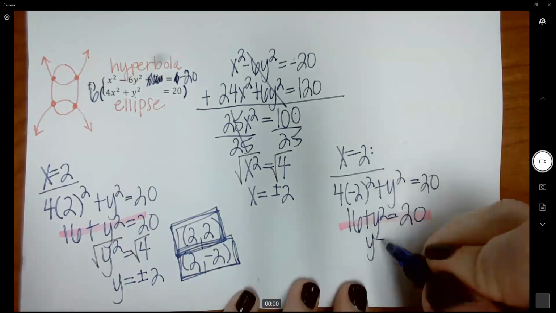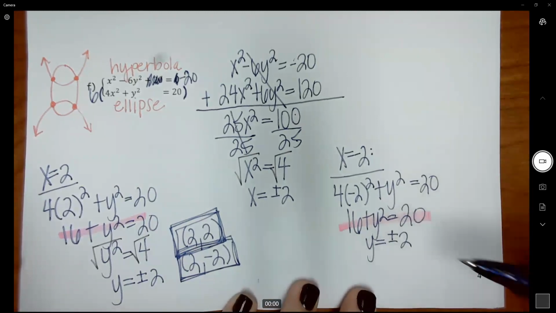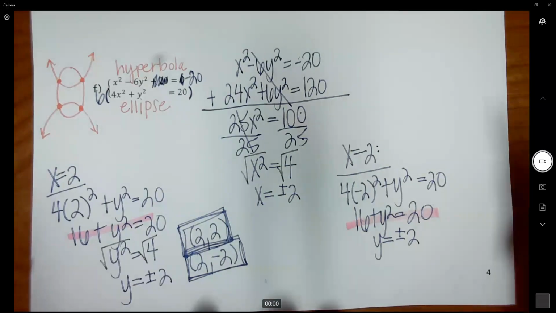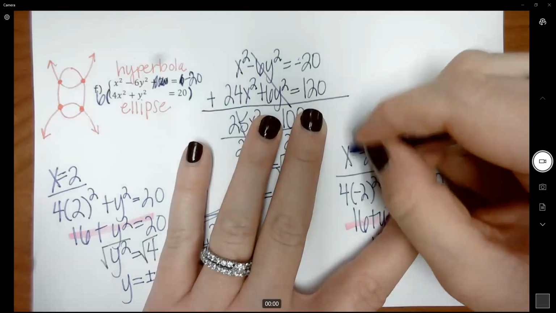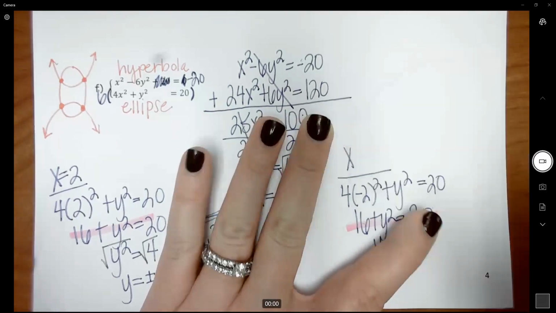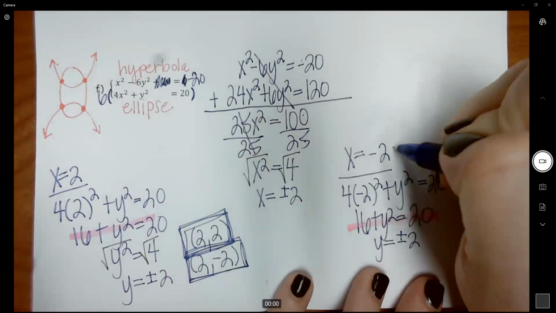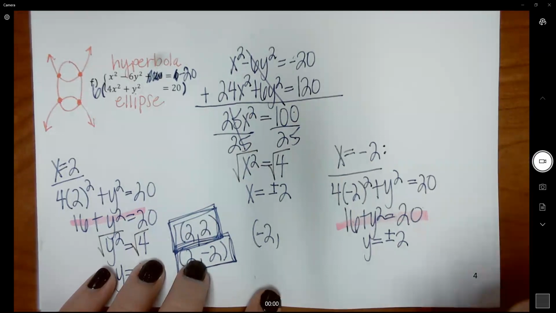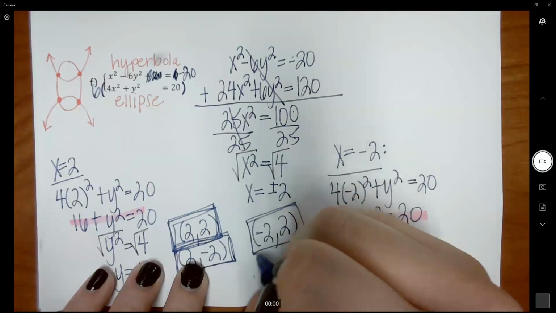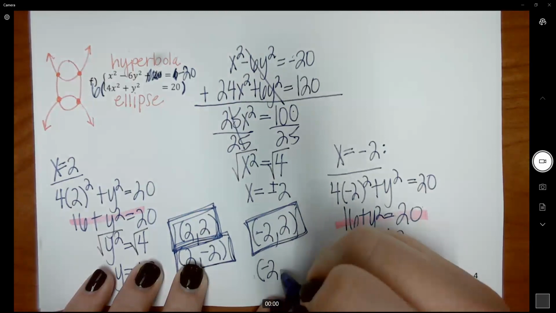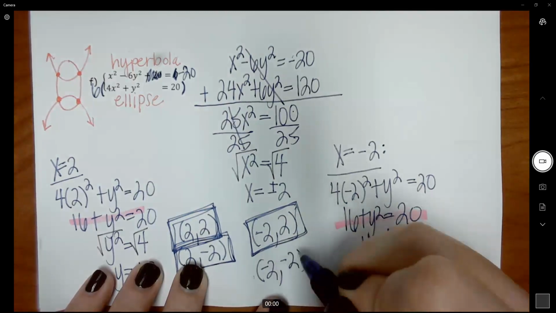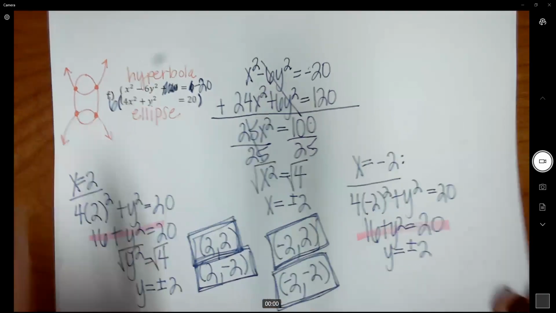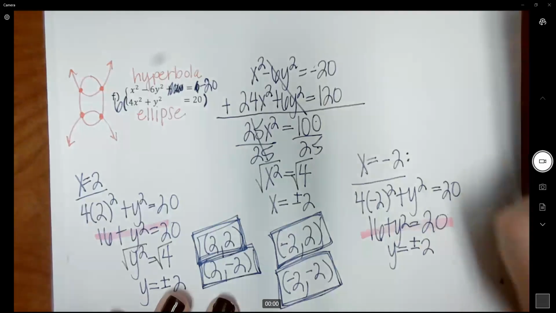So y here is also going to equal plus or minus 2. Subtract your 16, take the square root. So when x equals negative 2, it can equal positive 2. And when x equals negative 2, it can equal negative 2 as well. So this is one like this where we do get our 4 solutions.